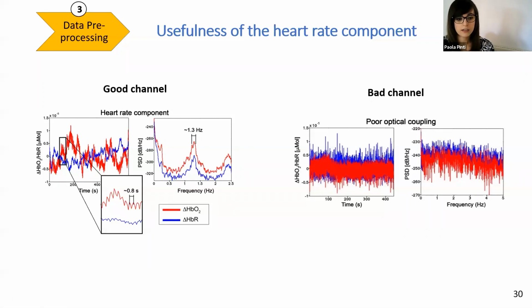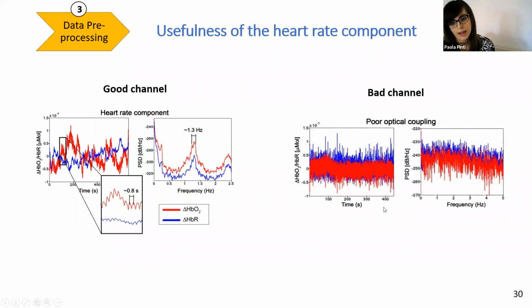In that case, we should be able to see the heart rate component both in the time domain, as shown here, with faster modulations, especially in our oxyhemoglobin signal, with a period of around 0.8 seconds, 1 second for adults, and also in the frequency domain, where we observe a clear peak in the heart rate range. This is also true for infants and toddlers, but shifted to higher frequencies.